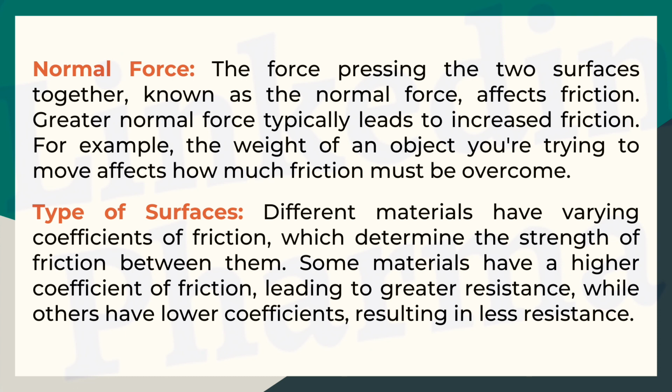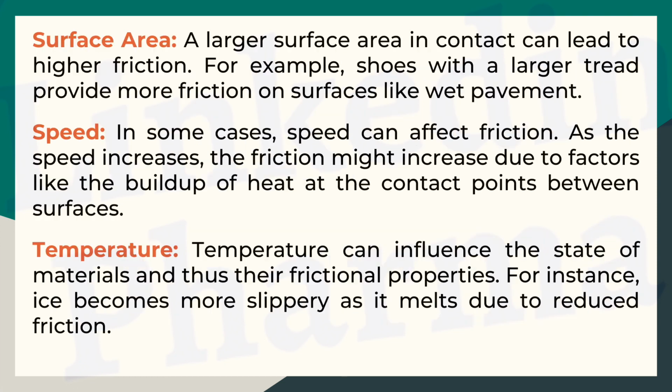Type of surfaces. Different materials have varying coefficients of friction, which determine the strength of friction between them. Some materials have a higher coefficient of friction, leading to greater resistance, while others have lower coefficients, resulting in less resistance. Surface area. A larger surface area in contact can lead to higher friction. For example, shoes with a larger tread provide more friction on surfaces like wet pavement.